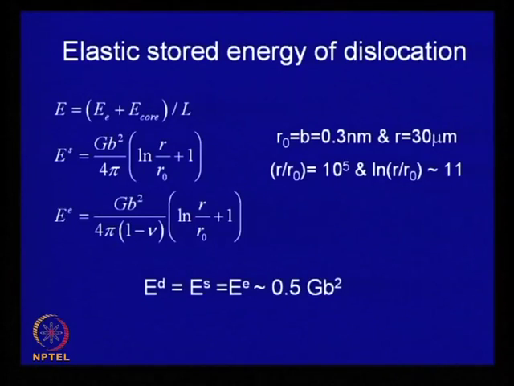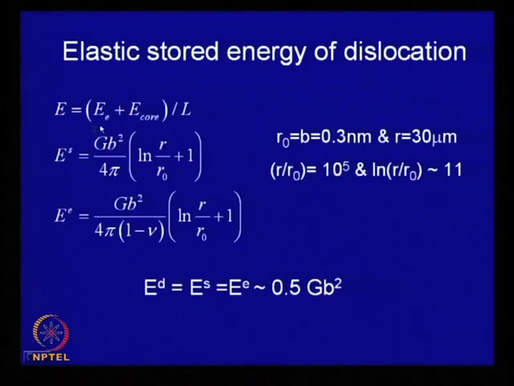Now, a few points on the elastic stored energy of the dislocations. When we look at the elastic stored energy of a dislocation, there are two parts. A part of the energy is stored inside that hollow core; within the core of the dislocation there is some amount of energy stored, and apart from the core, from the core to the boundary of the crystal, there will be some amount of energy stored.